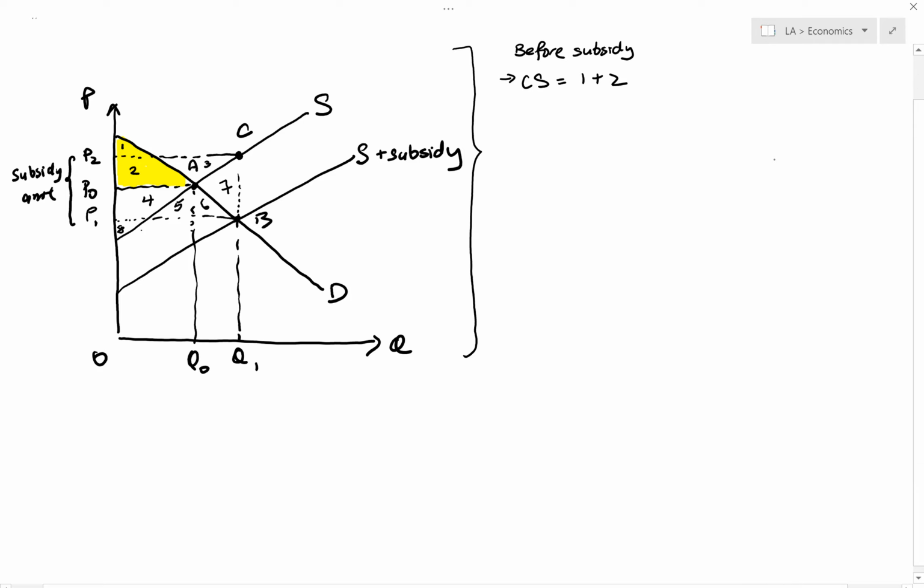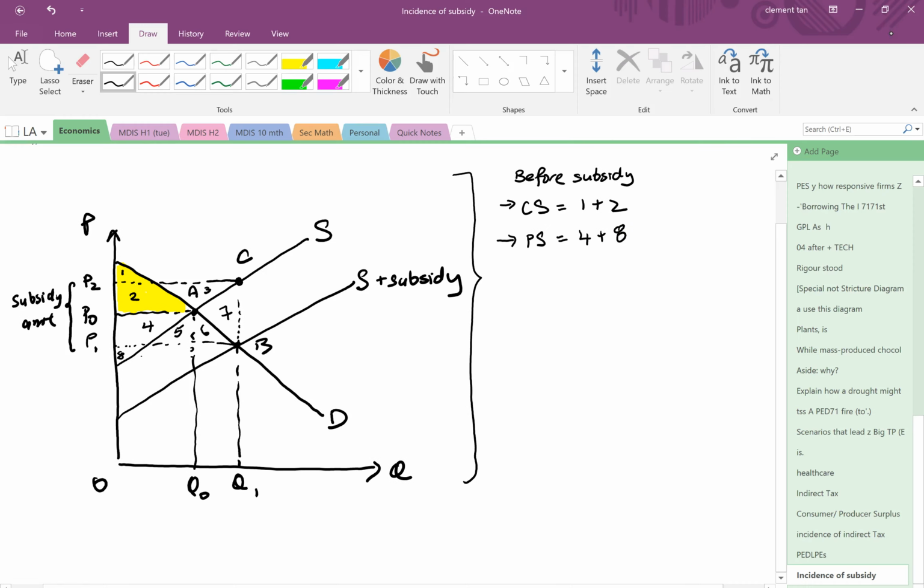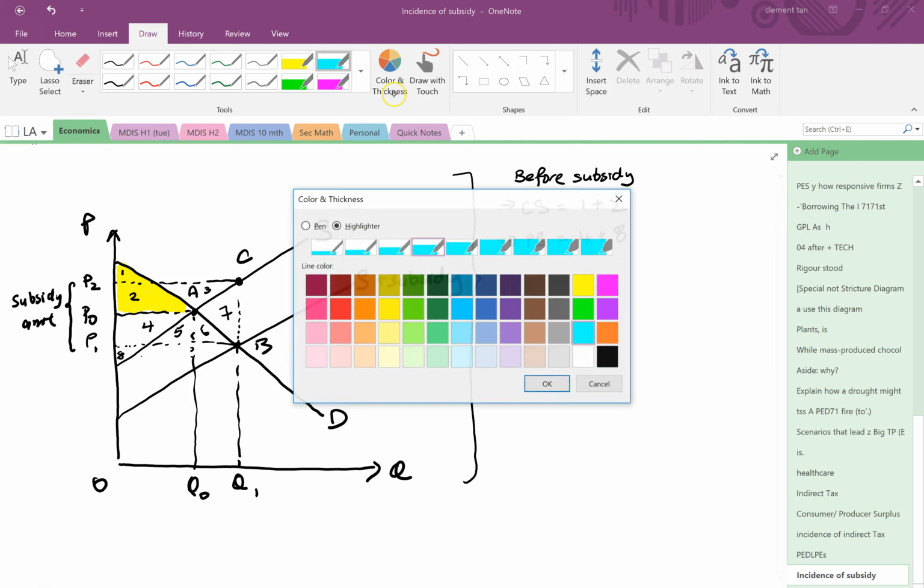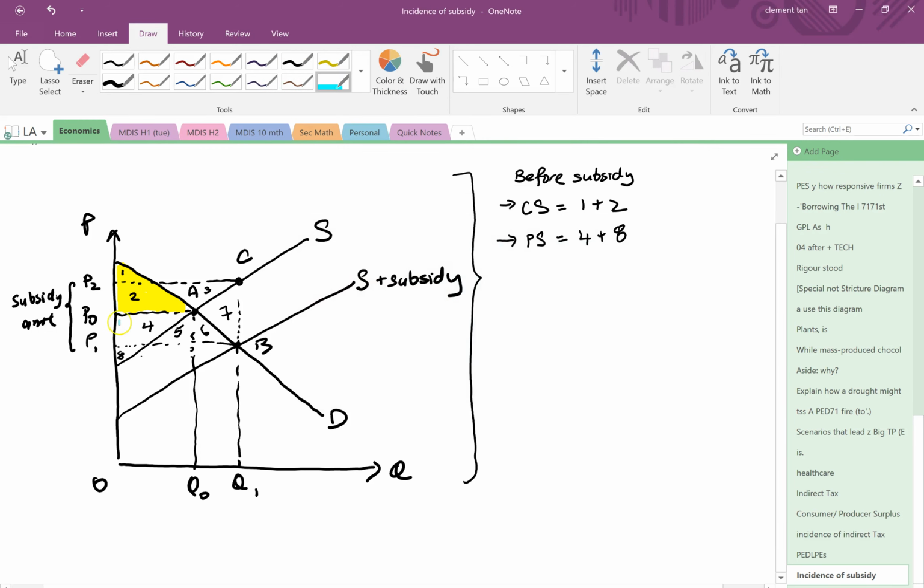Before subsidy, what's the producer surplus? 4 and 8, right?